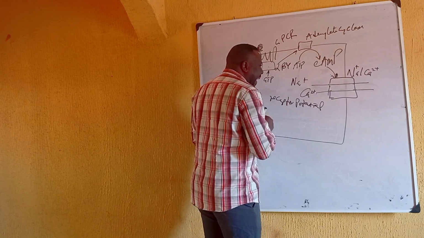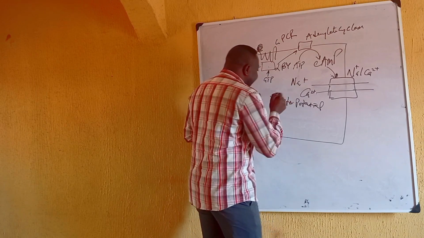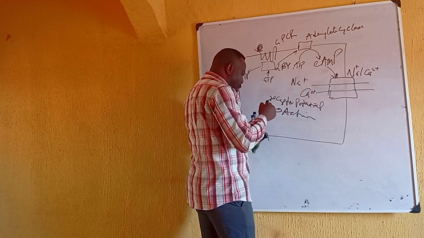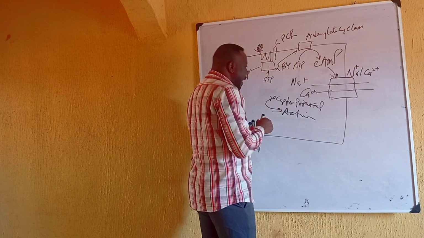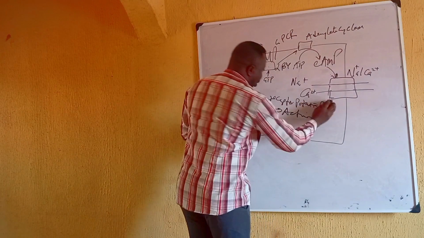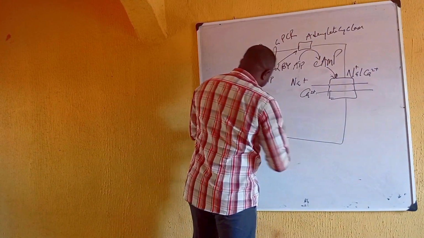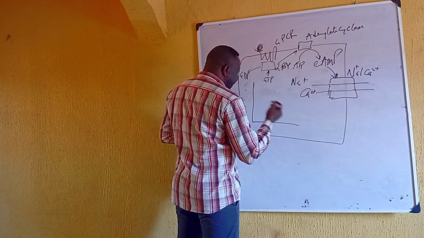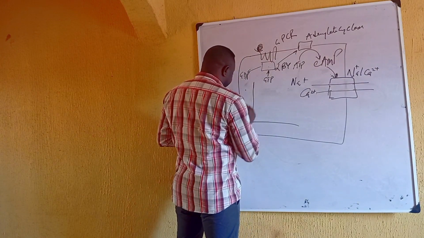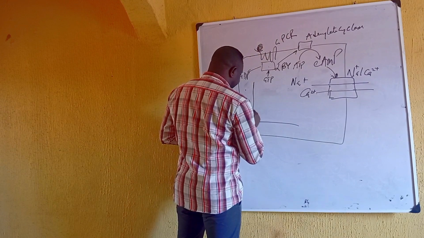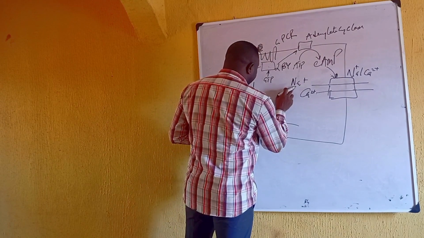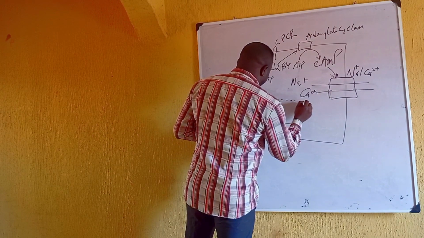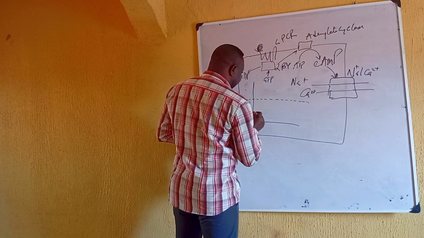Now, when the receptor potential reaches a particular threshold, it results in the generation of action potential, which is transmitted along the olfactory nerve. Now, let me also draw another diagram. I'm very sure we are familiar with this diagram. Let's say that the resting membrane potential of this receptor is minus 70 millivolts. This is the threshold potential, and this is the resting membrane potential.